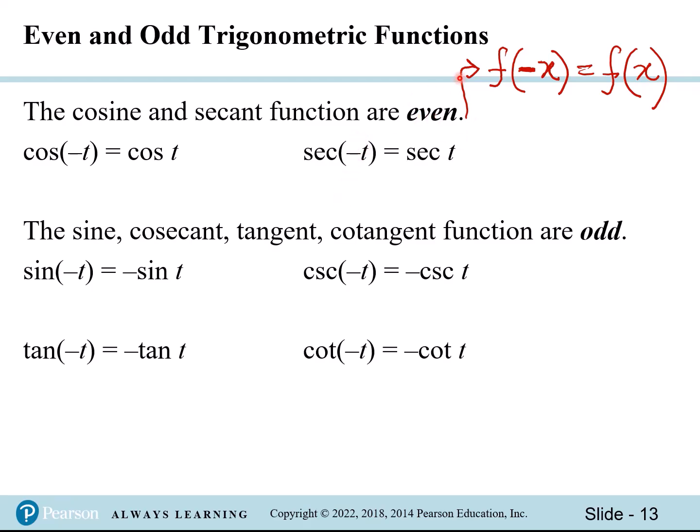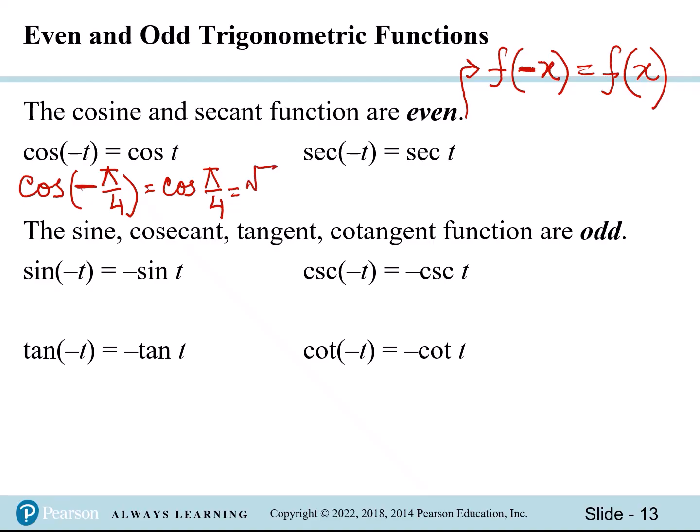Cos of pi over 4, if we replace pi over 4 by its negative counterpart, which is negative pi over 4, then we will get the same answer as cos of pi over 4, which is square root of 2 divided by 2.